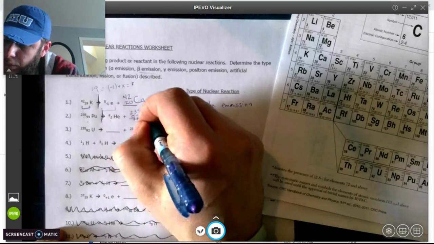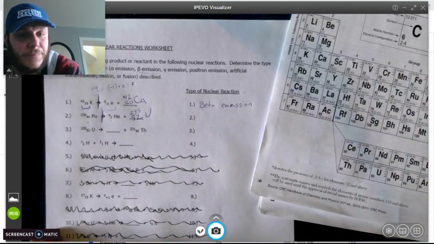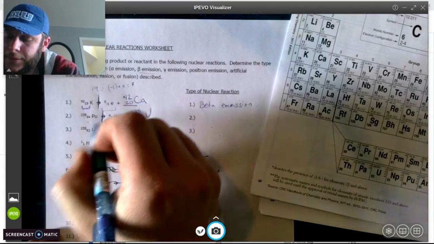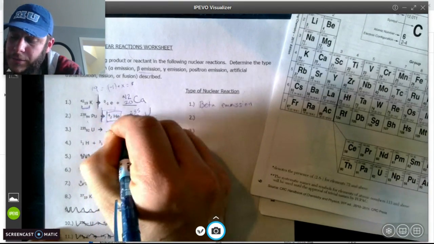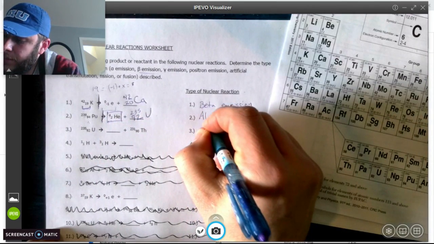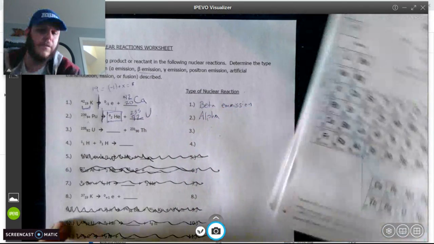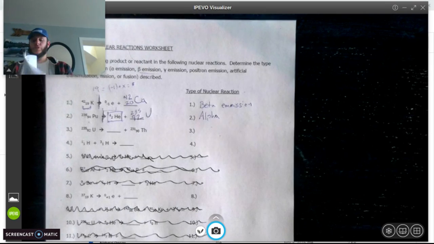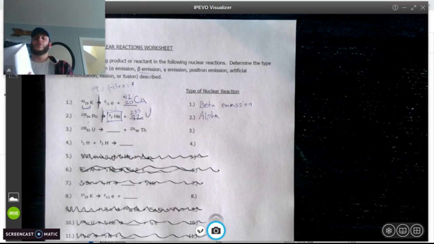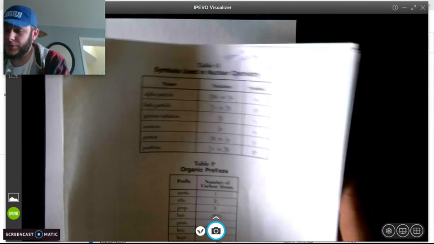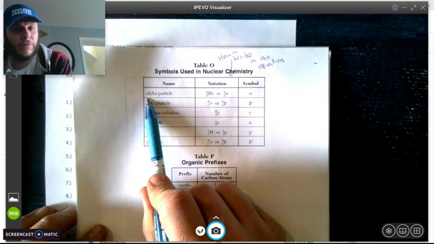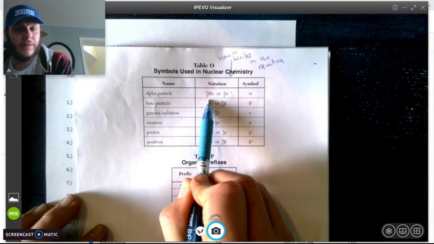So this new particle is uranium. And the type of decay is based off of what particle was emitted, and that's alpha. Just to show you where it came from, instead of just your mind or your notes: alpha particle right here.